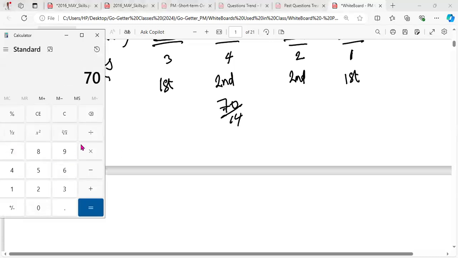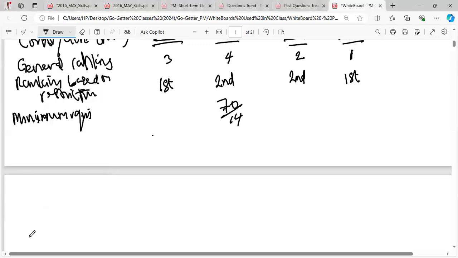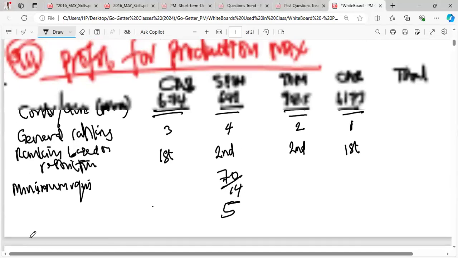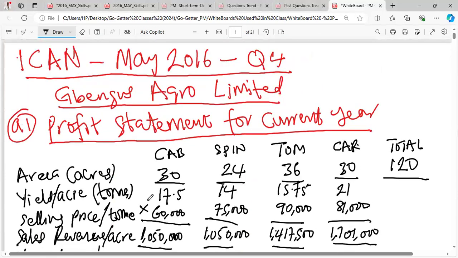So 70 divided by 14 will give you 5. So what you need here is 5 acres. You need 5 acres here. And what happens? The landmass of cabbage and spinach is 30 plus 24. So it means that having used 5 acres for spinach, the rest of the whole place is for cabbage.